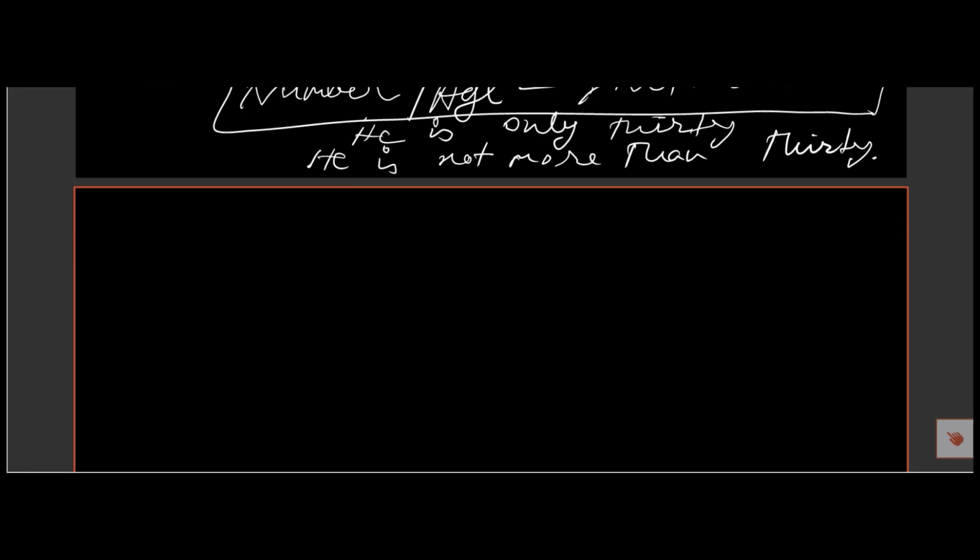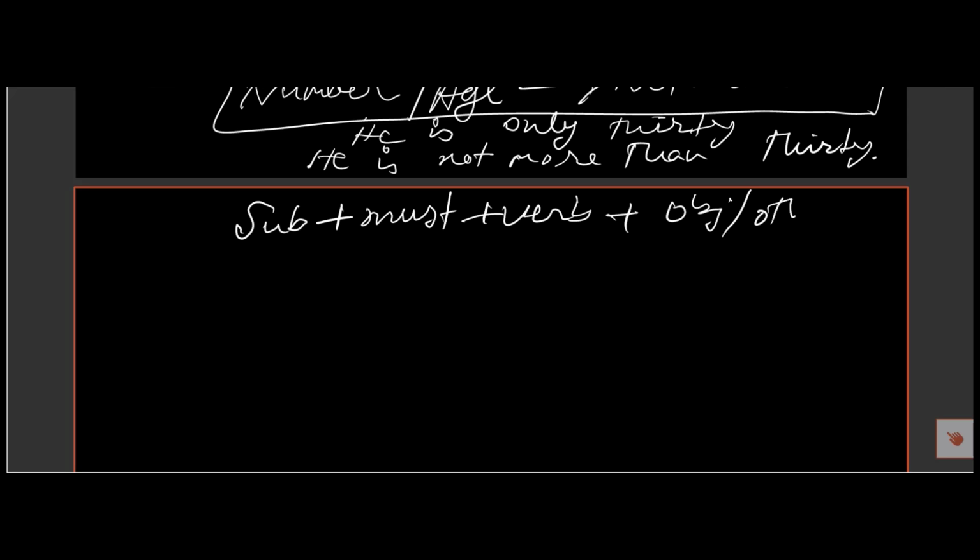If there is "must" after the subject, and then verb, object or others or extension, this is the affirmative structure.